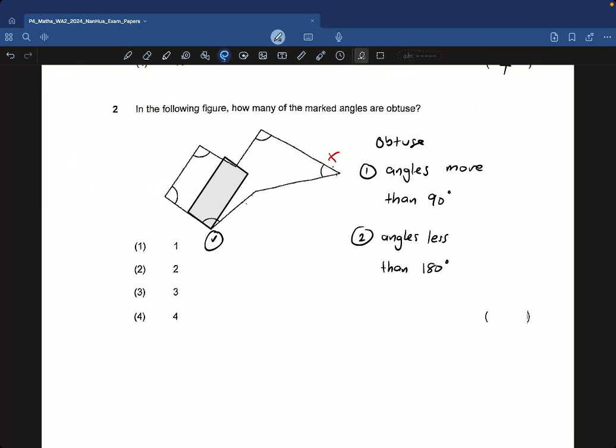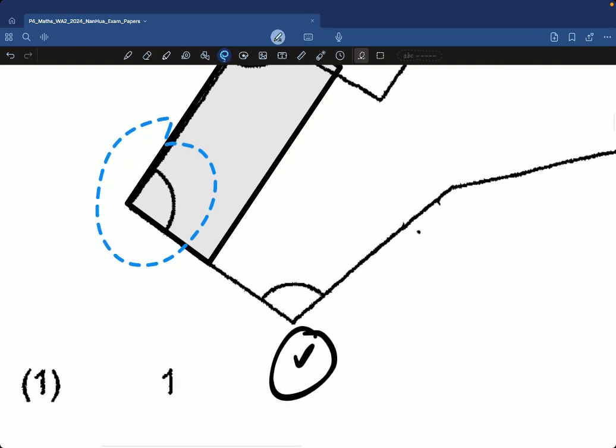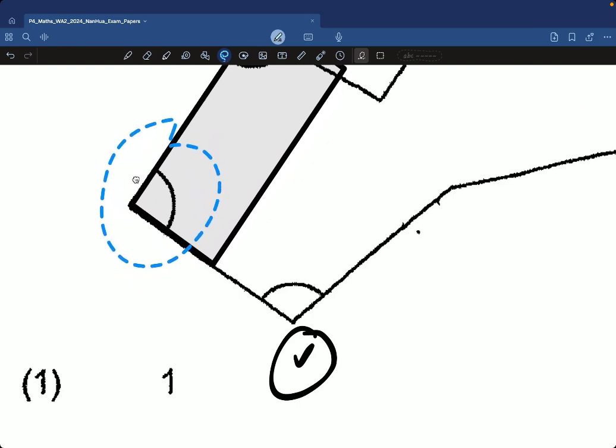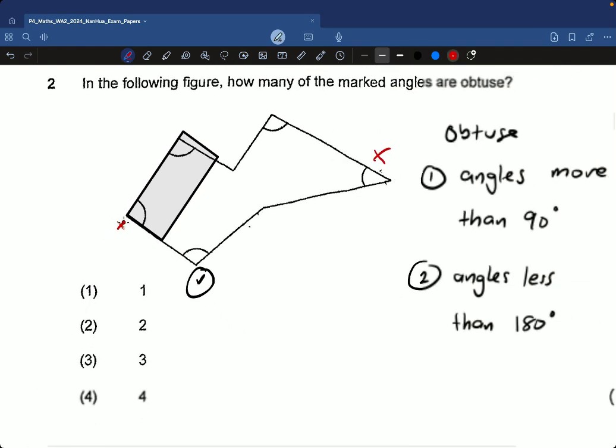All right, let's move on to the next one. The next angle is this angle. I'm going to move my ruler to the angle over here. It looks like a right angle because my ruler fits almost exactly. So sadly, this is not an obtuse angle, but a right angle instead. Now I'm going to move my other ruler to this side.